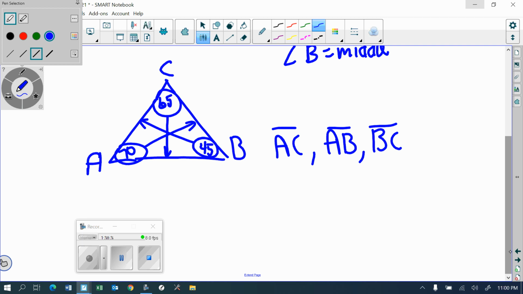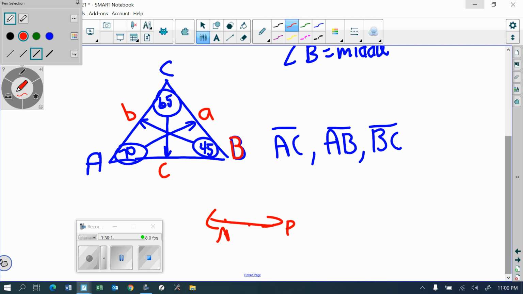Now, let's talk about naming sides. Another way to name sides, besides the 2 letters for the segment itself, is in a triangle or polygon like this: capital B, opposite is lowercase b, because they correspond together. Capital A makes this lowercase a, and capital C makes this lowercase c. This is the only other time you're using lowercase letters in naming things: side lengths, and the name of a line, as we already talked about. If I have a line, they could call it lowercase p and not show you any points on the line.